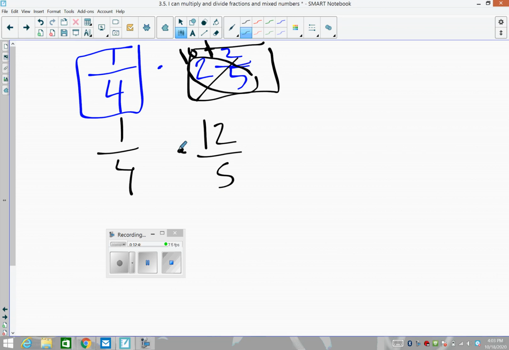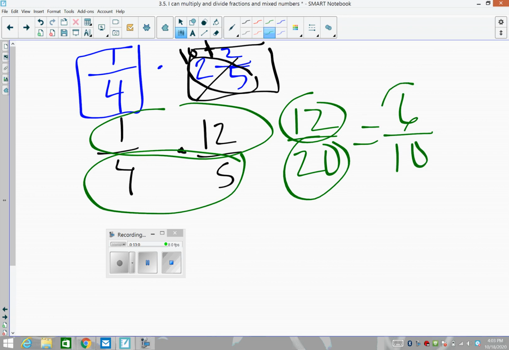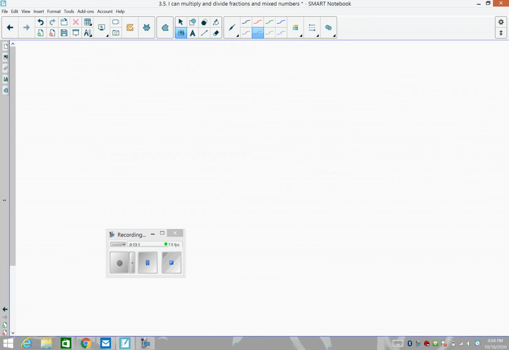You don't need a common denominator when you're multiplying. Multiply the tops, multiply the bottoms, and then we simply put this in lowest terms. Divide by 2, divide by 2, and we end up with 3/5. So the goal, though, is you actually have to have a fraction. You got to get that to a fraction before you can multiply the fraction. So that would be a multiplication example or a summary.